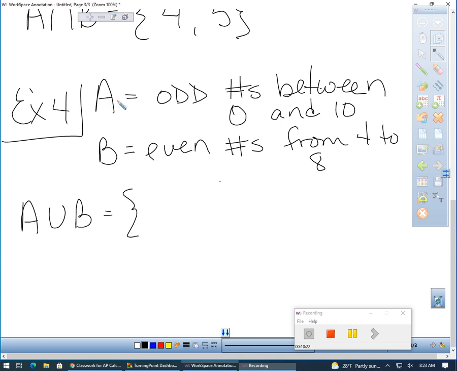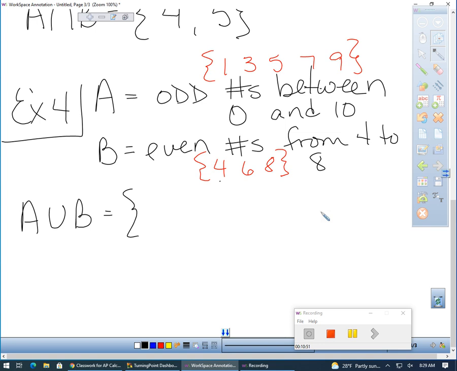So I'm going to go right above this first one, and I'm going to say odd numbers between 0 and 10. Well, those are actually 1, 3, 5, 7, and 9. What are the even numbers from 4 to 8? 4, 6, and 8. Thank you. Okay. So if I'm going to union them together, I'm going to write all of them on this one. Now, I really like to keep them in order. So I don't want to just write the top one and then write the bottom one at the end.